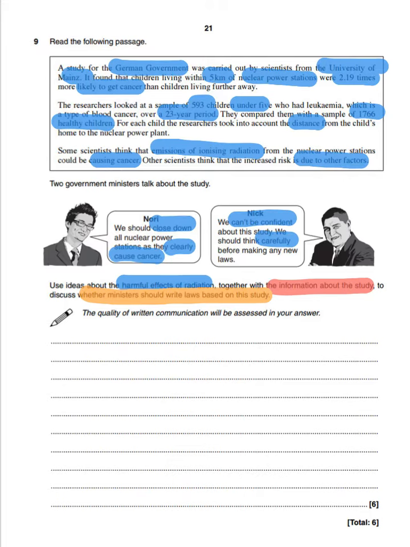We'd start off with the harmful effects of radiation, and for this bit we would probably be keeping it quite simple. So we would mention the effects of ionizing radiation and maybe how it can cause cancer.